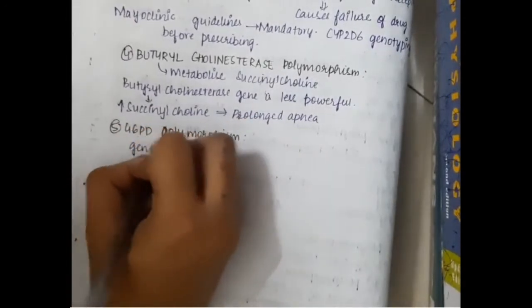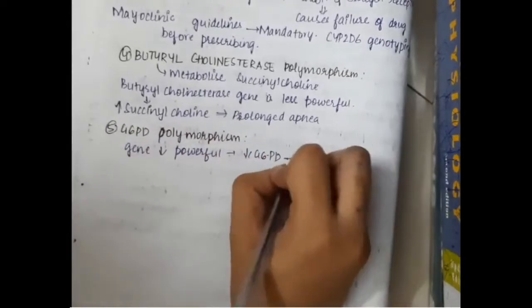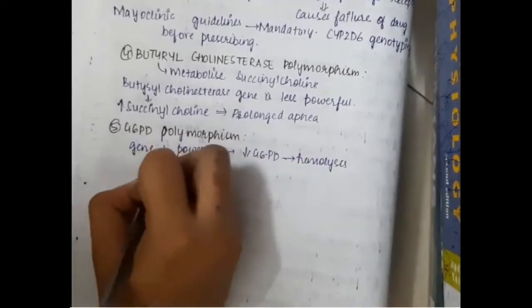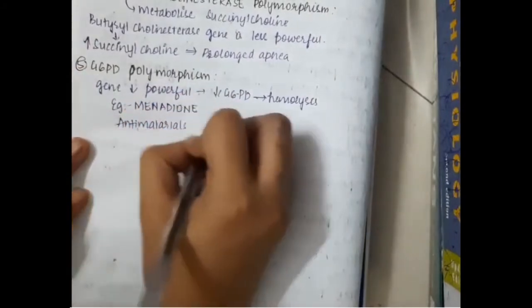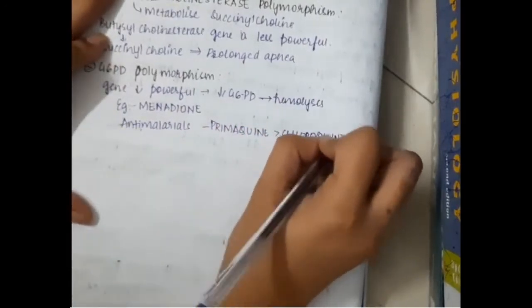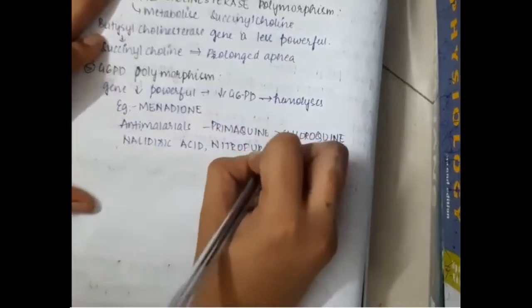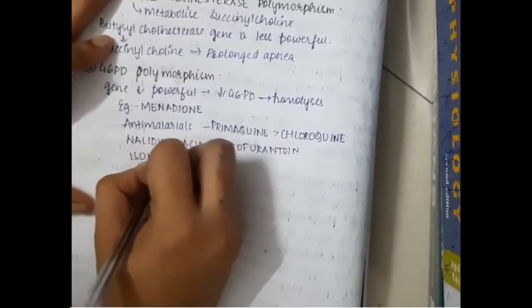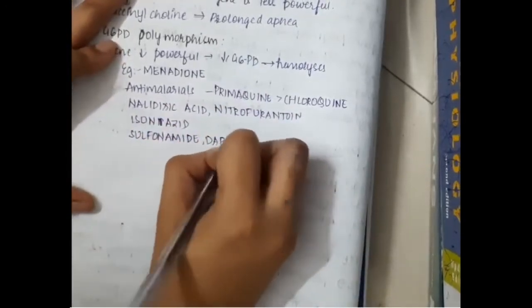Then the fifth is G6PD gene polymorphism. This makes the gene less powerful and thus decreases G6PD, causing hemolysis. Examples of drugs include menadione, antimalarials like primaquine more than chloroquine, nalidixic acid, nitrofurantoin, isoniazid, sulfonamides, dapsone and also hydralazine.